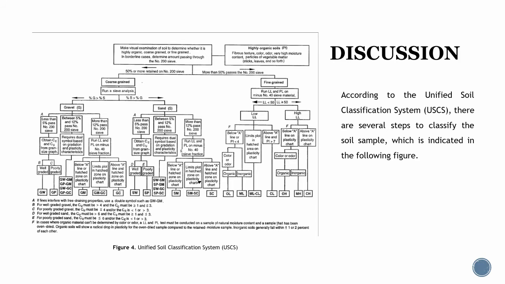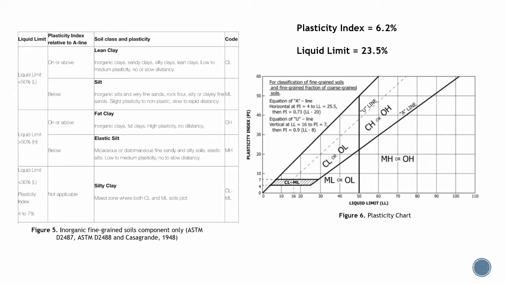We were also able to chart the liquid limit and the plastic limit to determine that we had a low liquid limit for our soil, and that our plasticity chart plotted in the CL and ML hatched area.